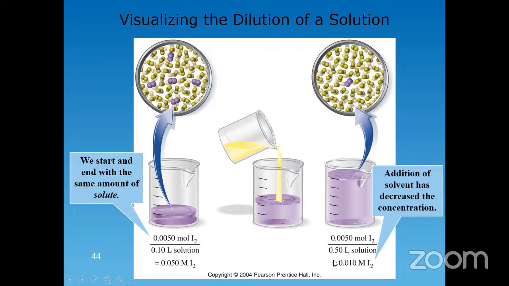And the reason why is because, as you'll notice here, the volume increases from 0.10 to 0.50. So basically, you have increased the volume 5-fold, and therefore there'll be a corresponding 5-fold decrease in the molarity, right? So there's an inverse relationship between the molarity and the volume. As the volume increases, the molarity decreases to the same extent.